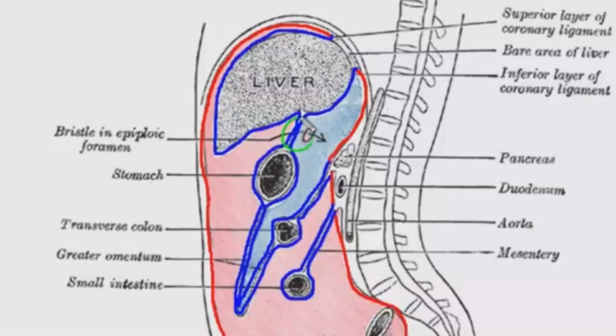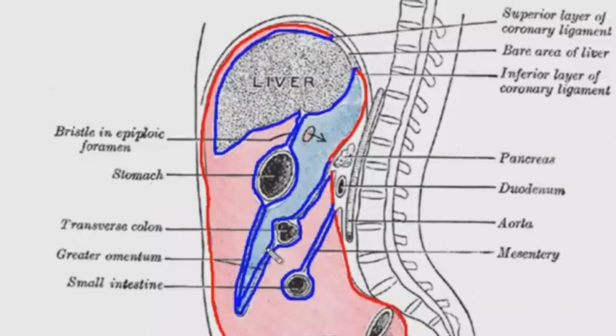So this double fold of visceral peritoneum connecting the liver to the lesser curvature of the stomach is called the lesser omentum, and connecting the greater curvature of the stomach to the transverse colon is this fold of peritoneum called the greater omentum, and this loops down over the small intestines and curves back up to attach to the transverse colon.